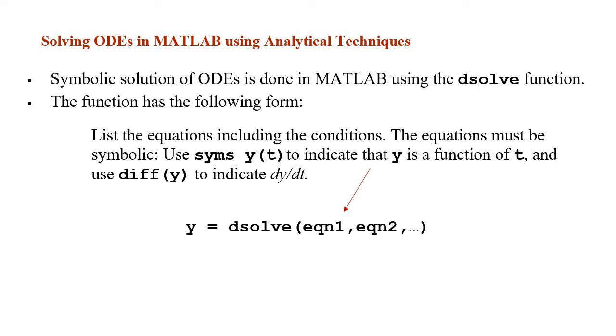You'll have to use syms y(t) to indicate that y is a function of t, and in case you want to express the derivative of y with respect to t, you have to use diff(y) to obtain the symbolic derivative of y. We'll see more examples later for you to understand this clearly. The function dsolve will output y, which is the symbolic solution of the ODE system.